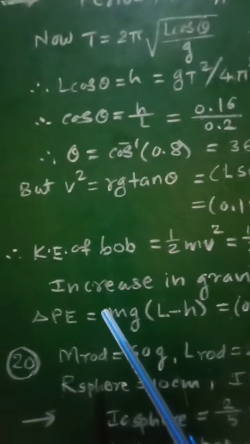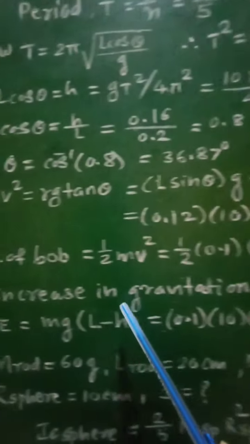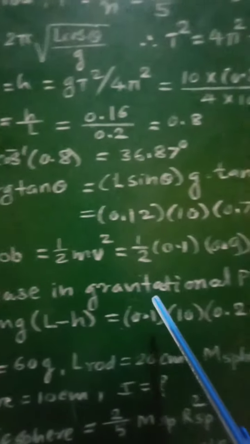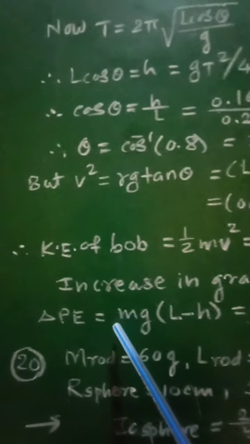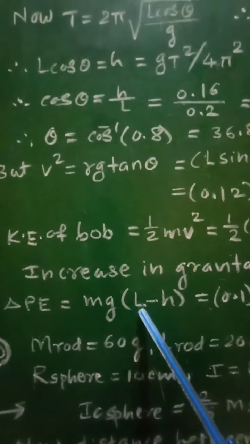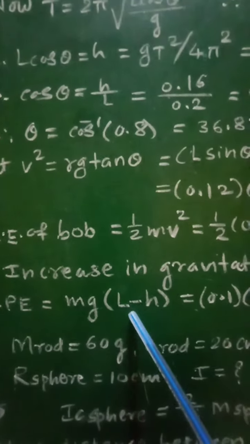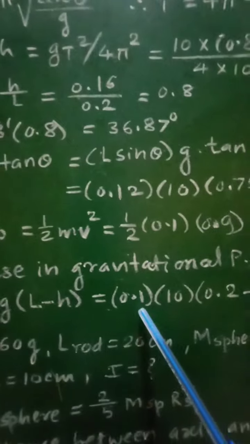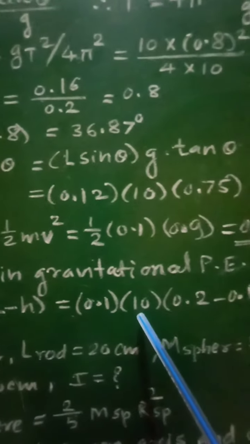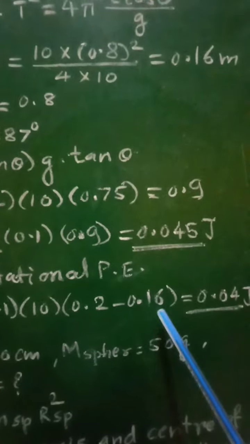Now, increase in gravitational potential energy. Increase in gravitational potential energy will be given as delta PE equal to mgL minus mgh, that is mg into (L minus h). That will be equal to 0.1 into 10 into (0.2 minus 0.16).